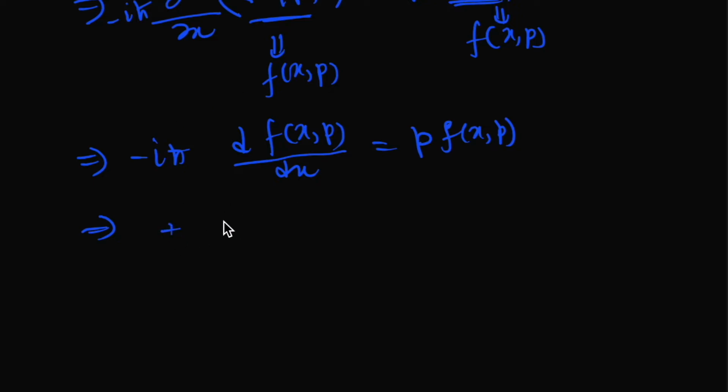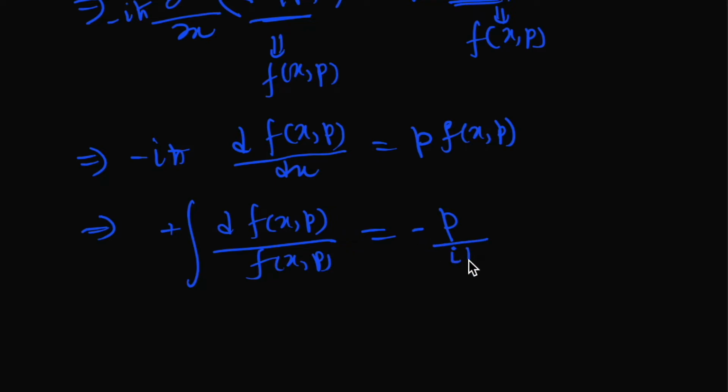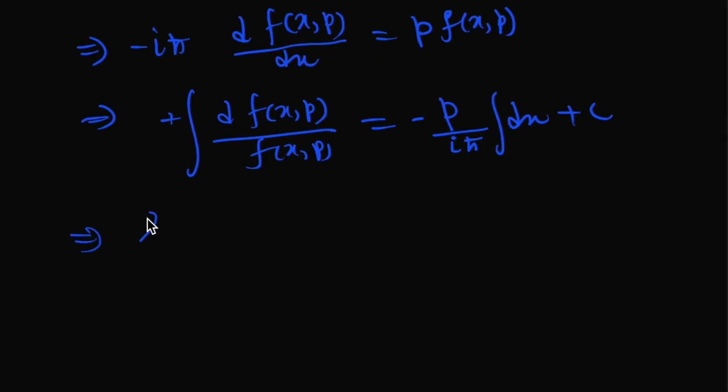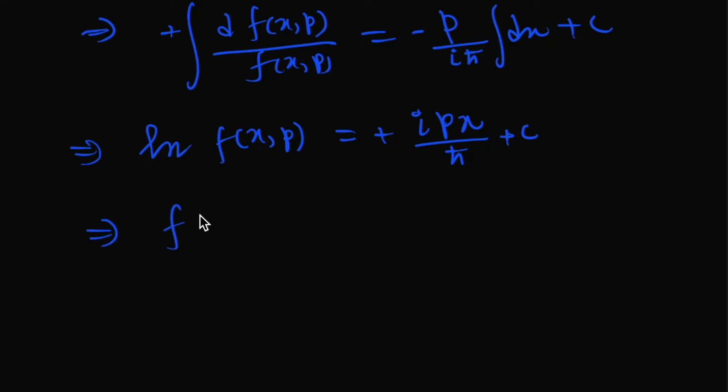Integrating, ∫ df/f = ∫ (p / (−iħ)) dx plus some constant. That will be ln f(x,p) equals i p x by ħ plus c. That will be f(x,p) is equal to some constant A e to the power i p x by ħ.